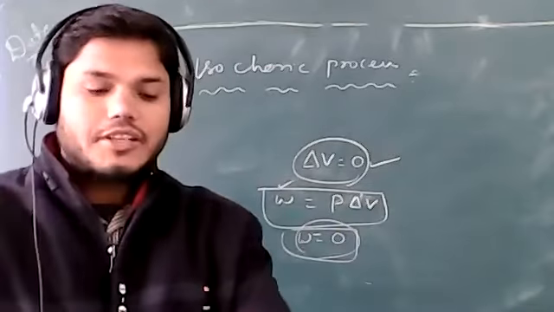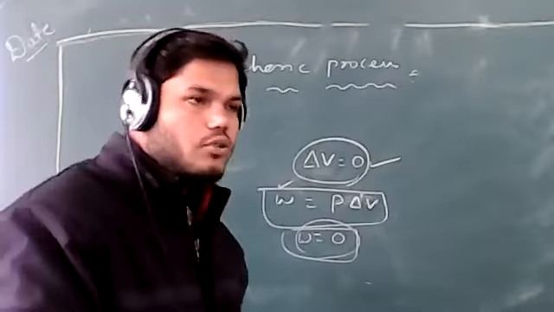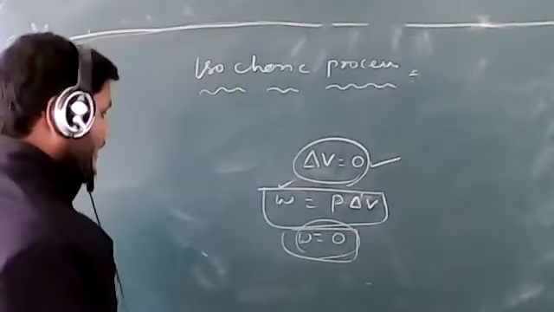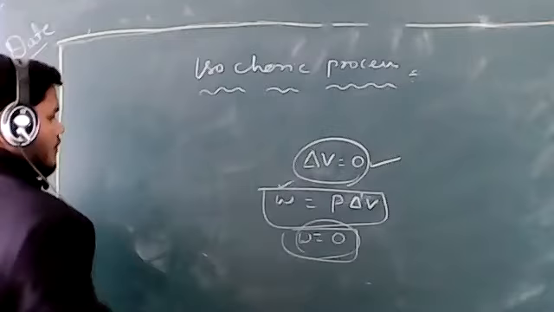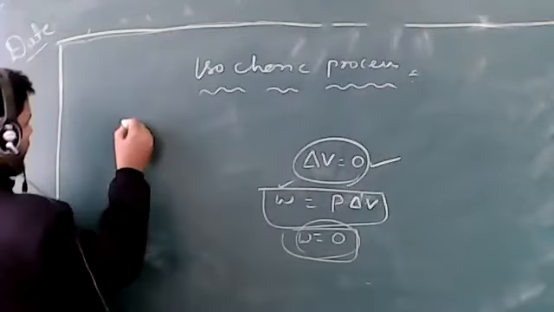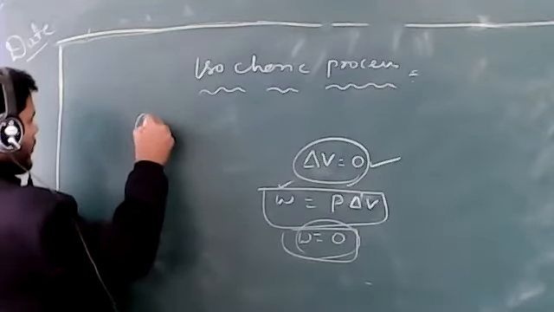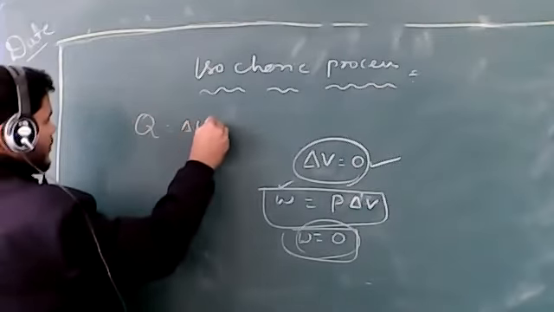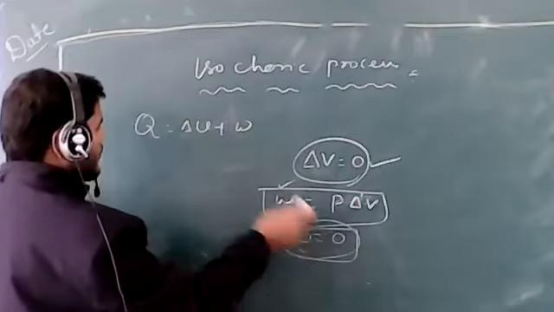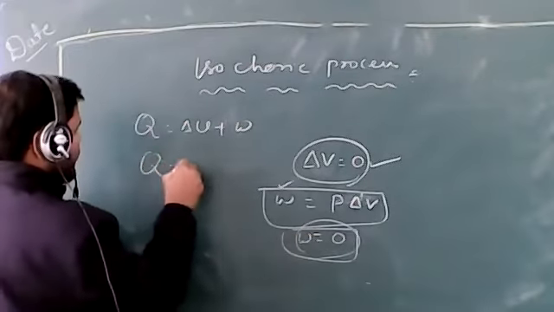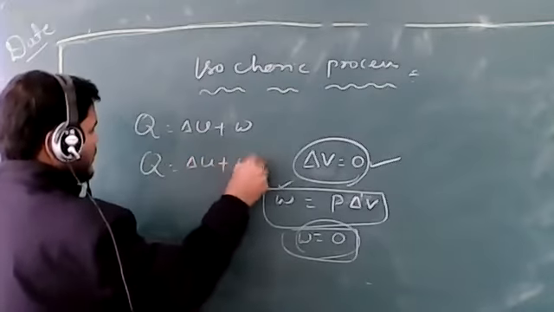Now if we apply the first law of thermodynamics, Q equals delta U plus W. As W equals 0, Q equals delta U plus 0.